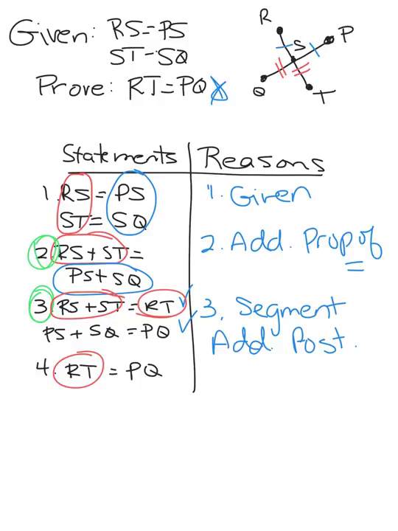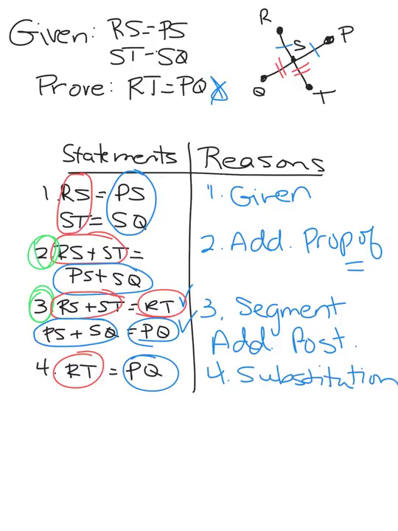And I'm looking at the other part of that statement. I have PS plus SQ in blue, so I have PS and SQ here, and again, that's the same as PQ. So basically what I did in step 2 and 3 is I replaced things or moved things around, depending on how you want to say it. And when I do that, it's substitution property of equality.